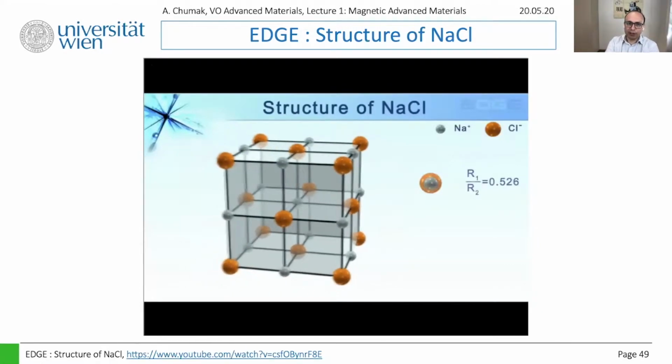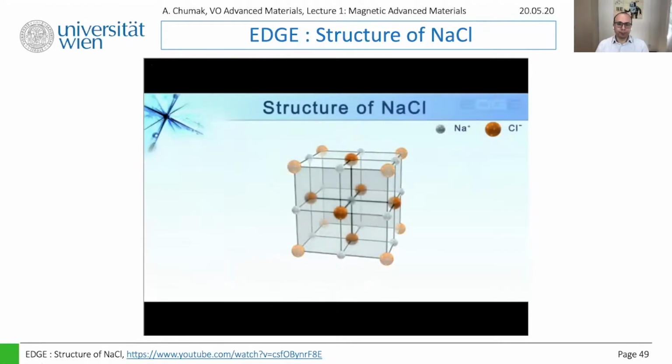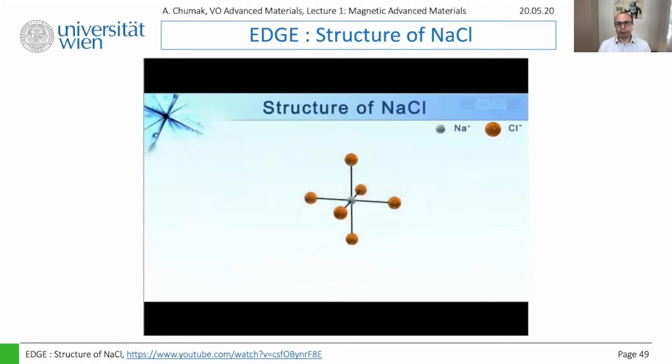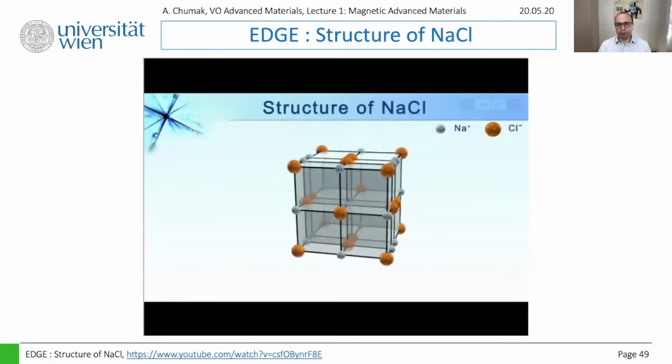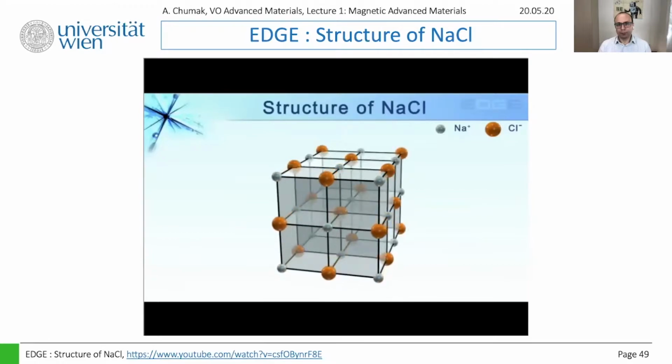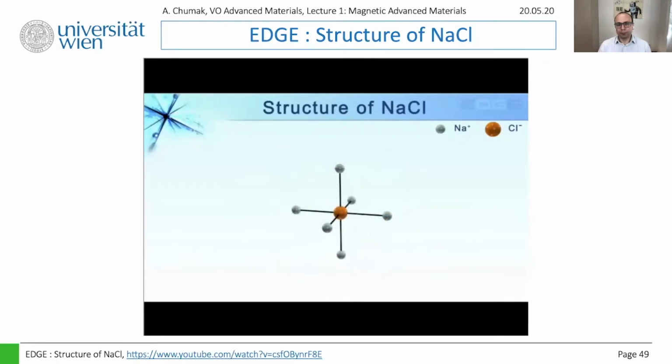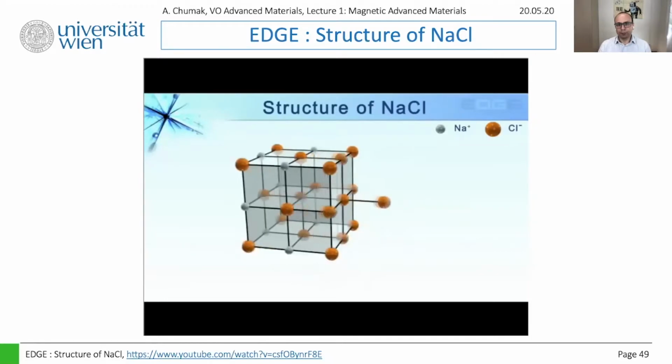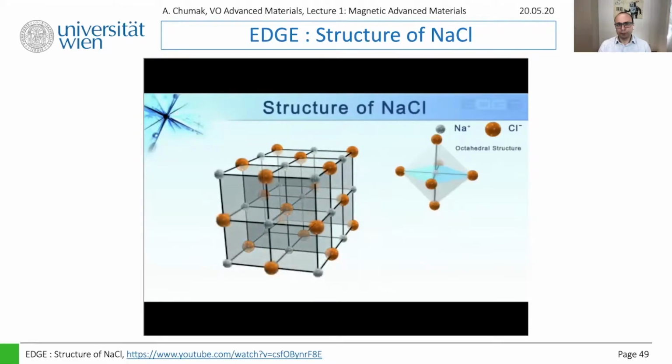In the NaCl structure, each Na+ ion is surrounded by 6 Cl- ions, and similarly, each Cl- ion is surrounded by 6 Na+ ions. As you can see, each sodium ion is octahedrally surrounded by 6 chlorine ions. If we extend the cubic structure, we can also see that each chlorine ion is octahedrally surrounded by 6 sodium ions.